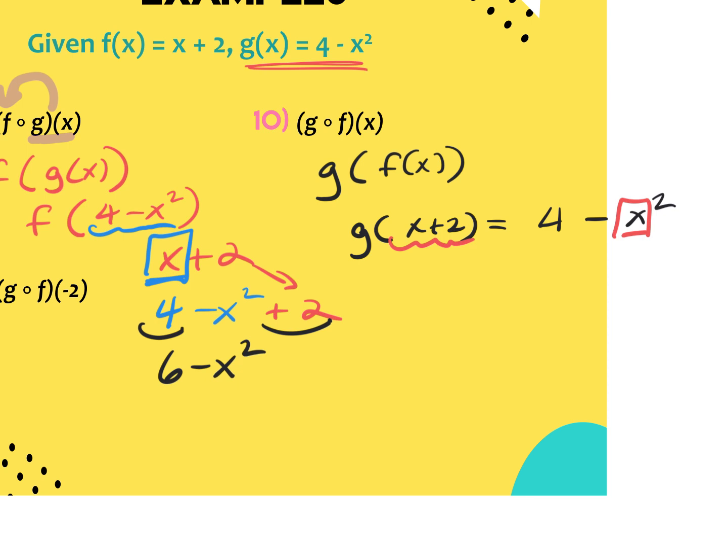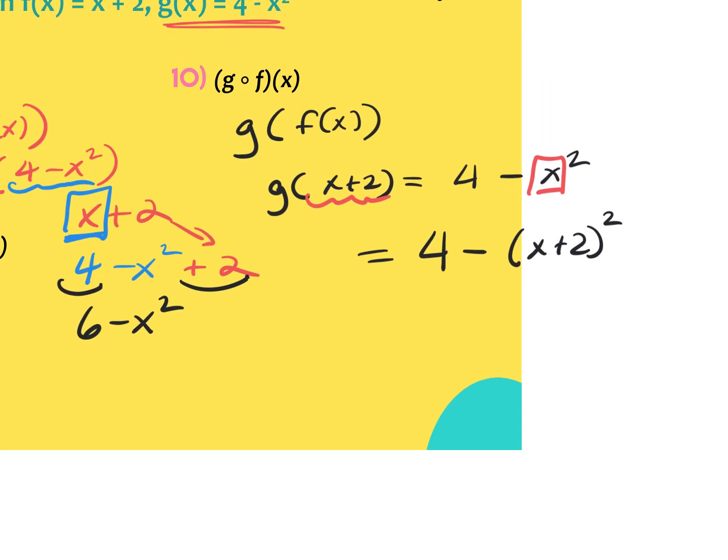So once I replace, the 4 stays. I'm going to put parentheses here and replace x with x plus 2. Notice it's got still the exponent of 2 there. I'm going to need to apply that exponent and either FOIL or remember the pattern for when you square a binomial.